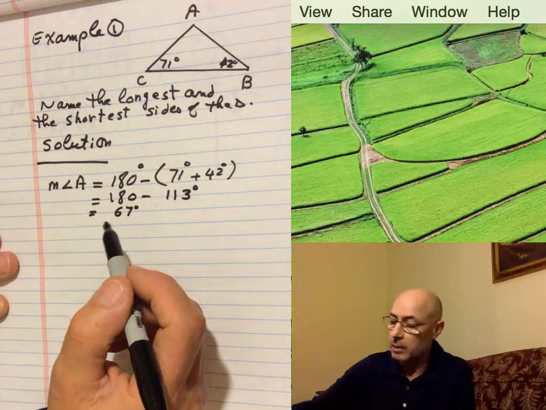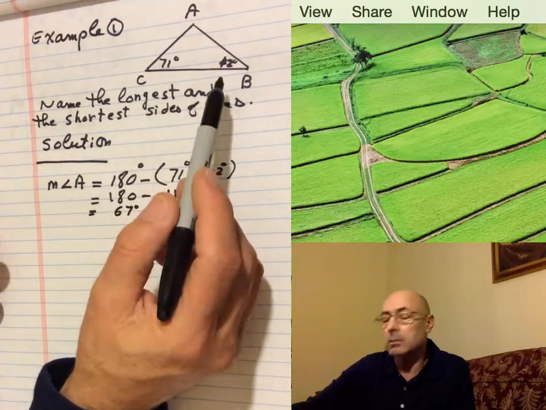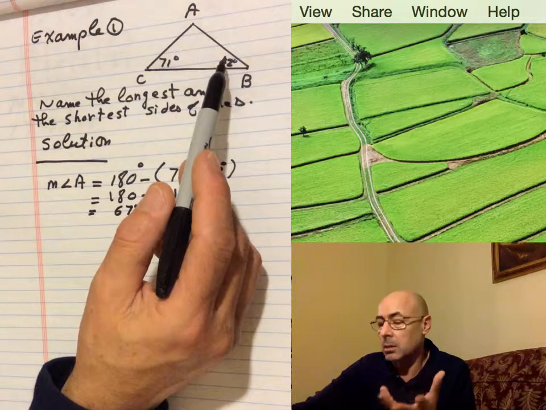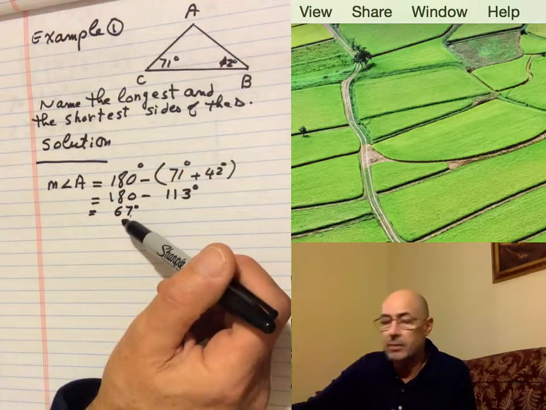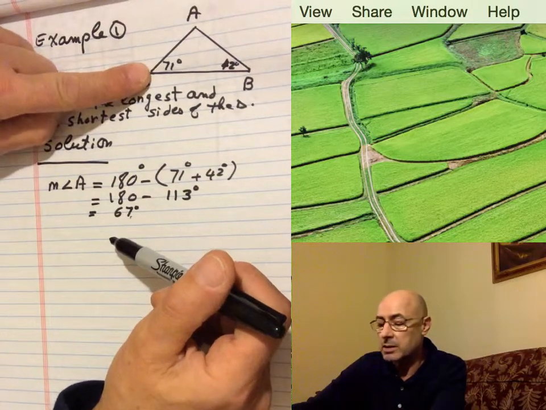So now we think which one is the biggest angle here. We have 42, we have 71, we have 67. So the biggest one is 71.